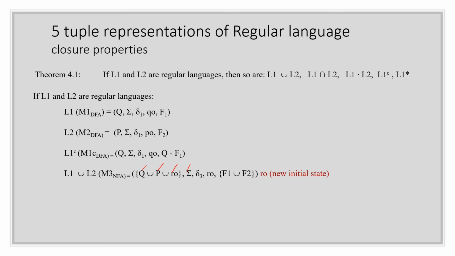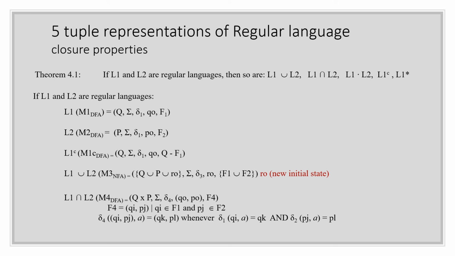You have your same alphabet. You have a transition function, your new initial state, which has a lambda transition to the previous initial states. And then your final states are going to be the union of all of the accepting states. This is just a 5-tuple where you just have a new initial state with lambda transitions.